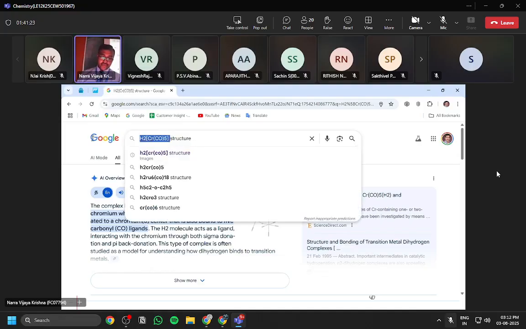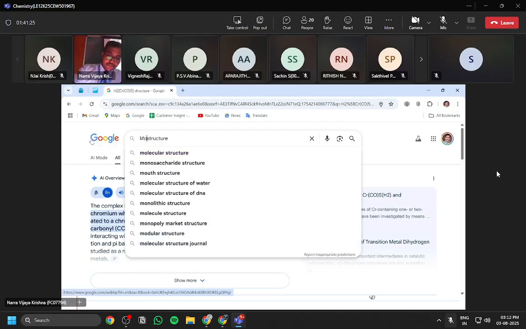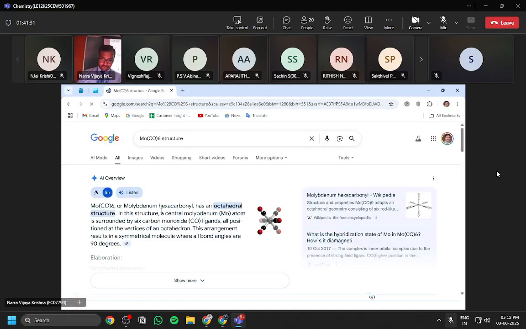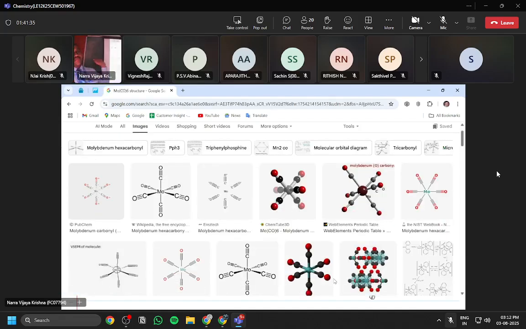Mo... Octahedral complex. Right? So if you know the structures of it, you can solve that answer. Otherwise, it is impossible. Question number 50 or 57, page number 37.